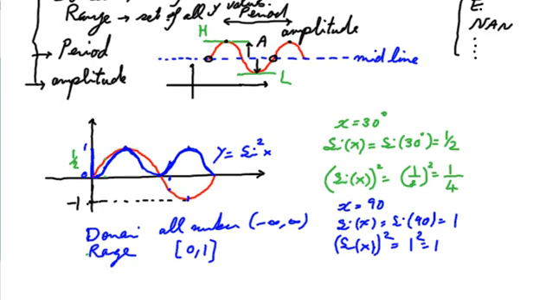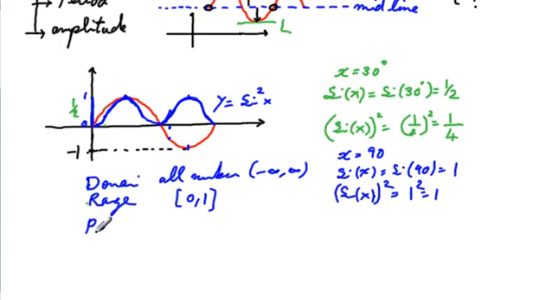What else do we want? Period. What is the period of this function, you think? Remember, we had several approaches to this. One of them was high to high or low to low. This low point to this low point, or this high point to this high point, are indications of the period of this function.